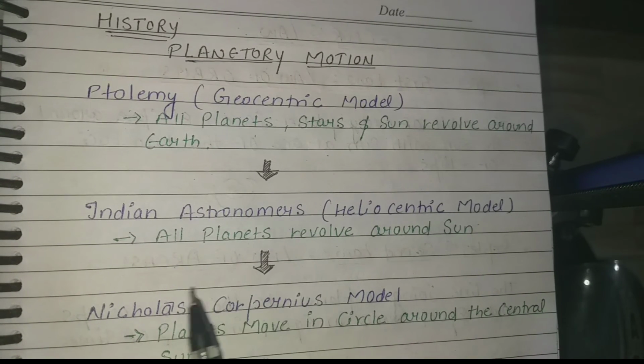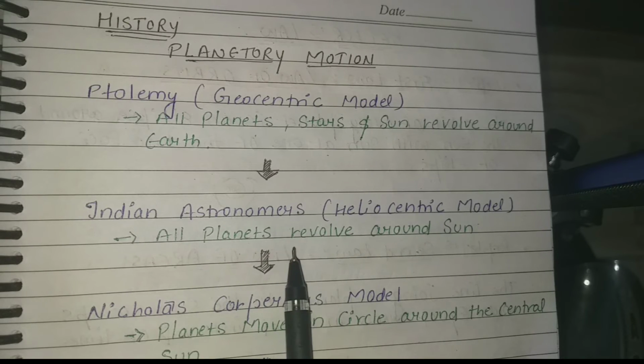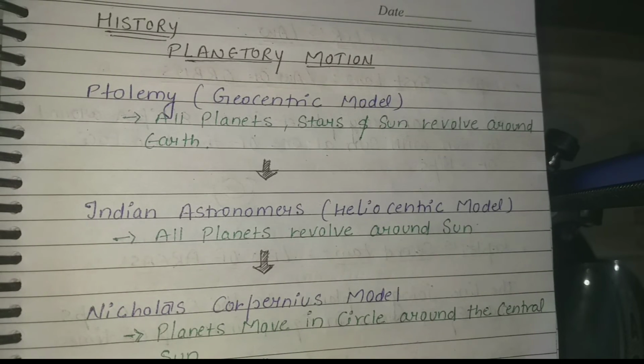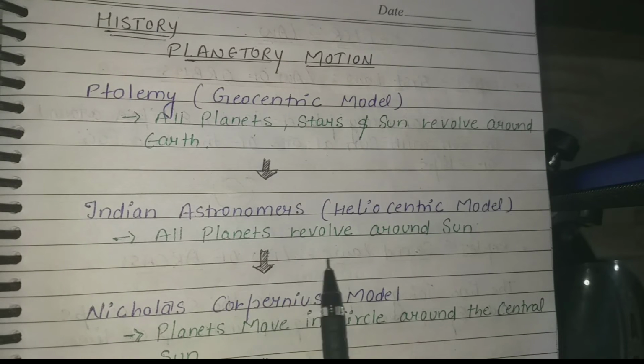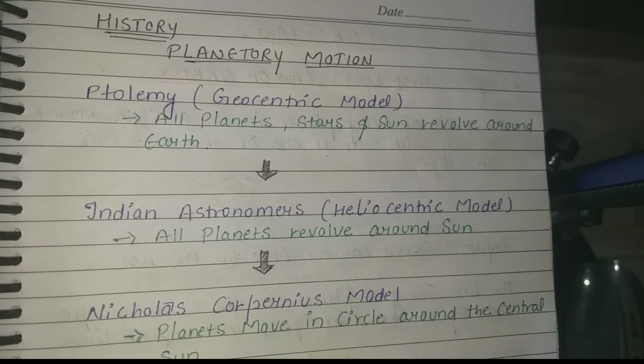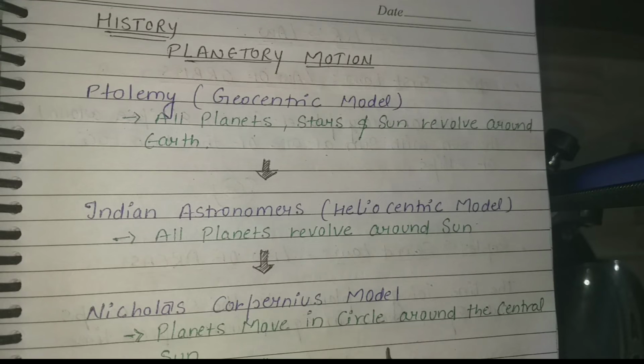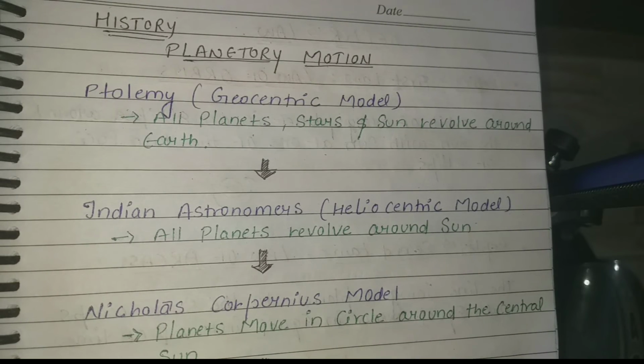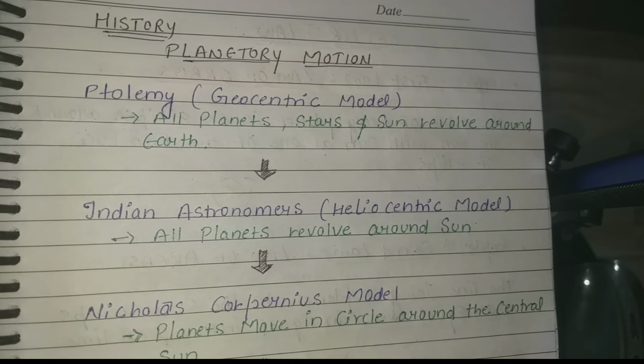Now, some Indian astronomers explained the heliocentric model, in which they concluded that the planets revolve around the sun. Nicholas Copernicus's model also comes after this, in which he concluded that the planets move in a circle around the center, the sun.